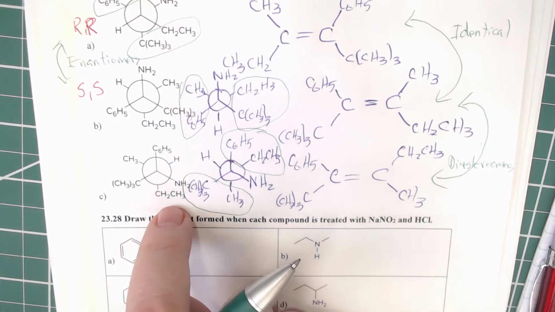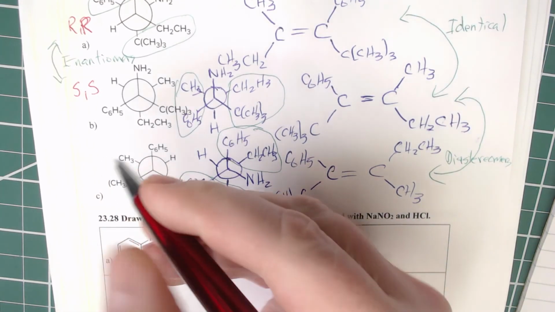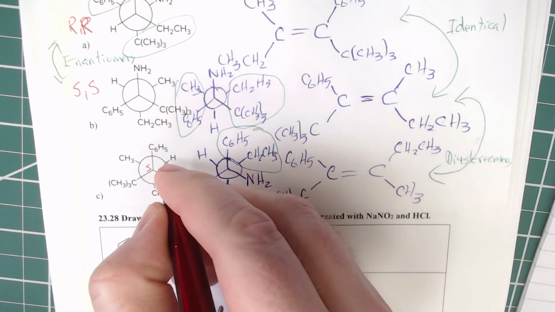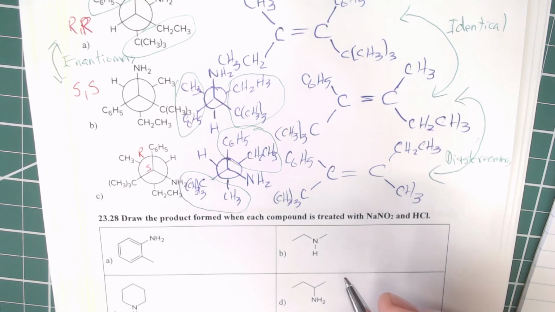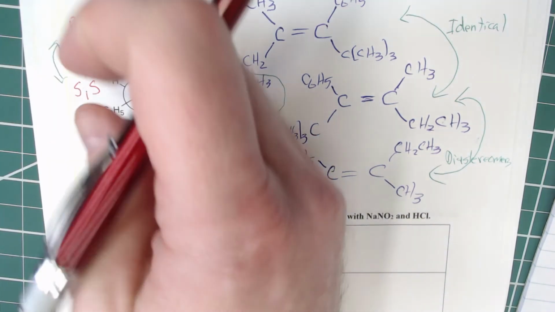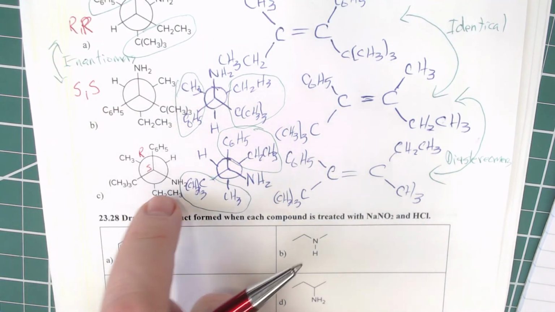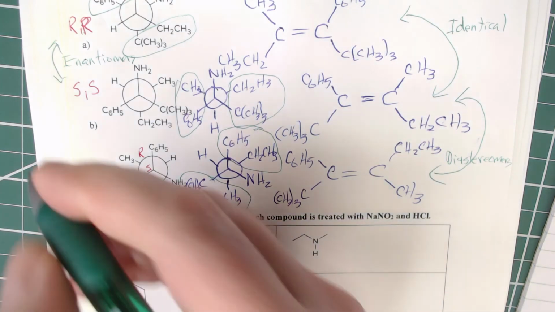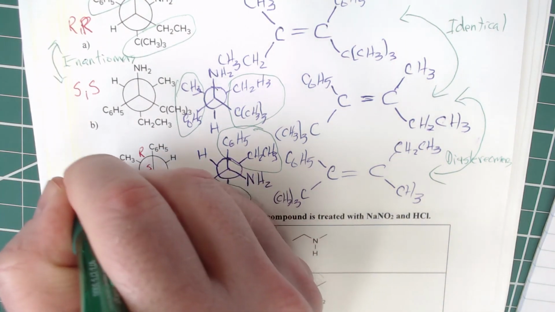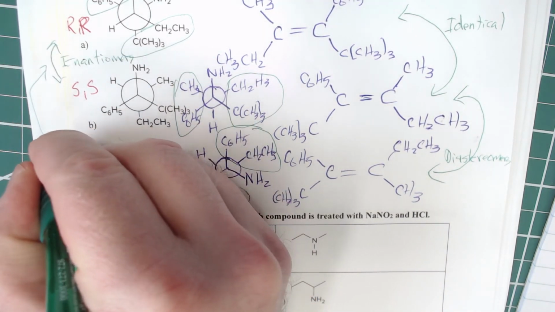When we look at this one, the front carbon on this one is S, and the back carbon on this one is R. And I'm just going to indicate it that way. So we have RR, SS, those are enantiomers. On this one, we have one that's the same and one that is different from each of these. And so that means that this is a diastereomer with both of those.